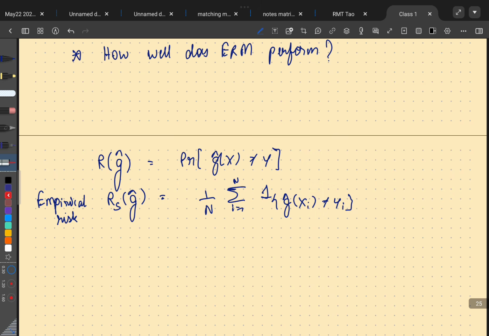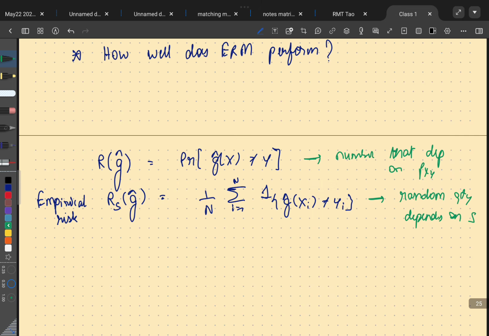Okay, so what you have to keep in mind is that this quantity is a random quantity, and it depends on the data set S, on the random realization S. Whereas R is a deterministic quantity that depends on pxy.